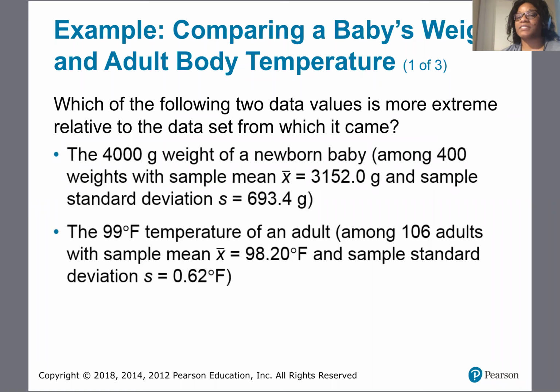The second example is a 99 degrees Fahrenheit temperature of an adult, among 106 adults with a sample mean of 98.2 and a sample standard deviation of 0.62 degrees Fahrenheit. So we want to know which of these 2 would be considered extreme.